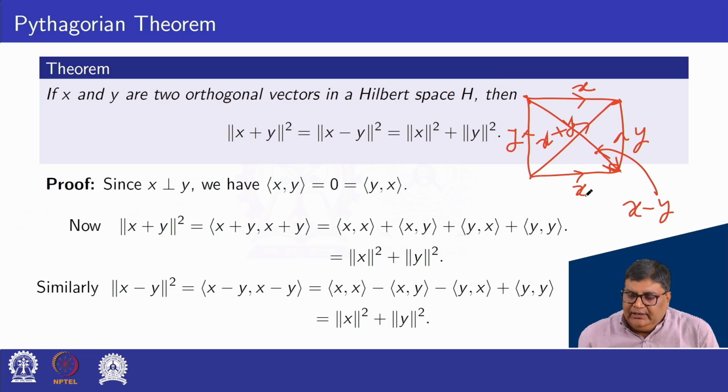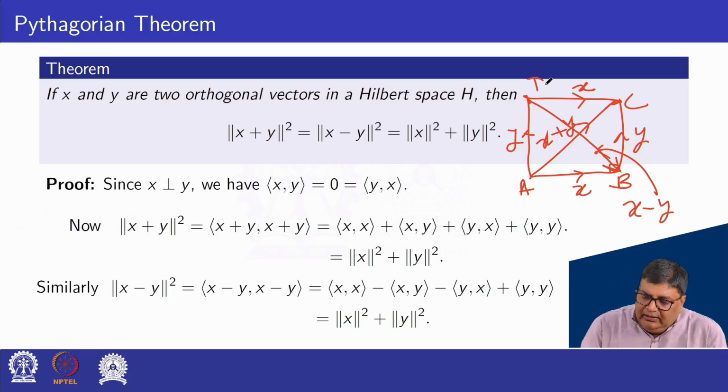For this triangle A, B, C, this is the diagonal x plus y, and for triangle ADB, the diagonal is x minus y.